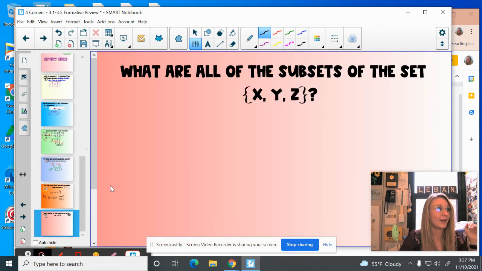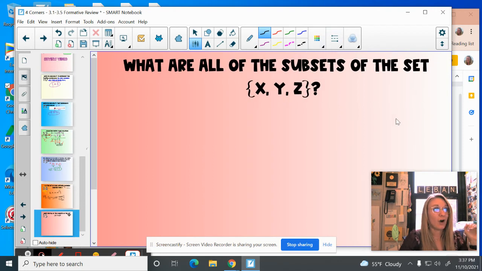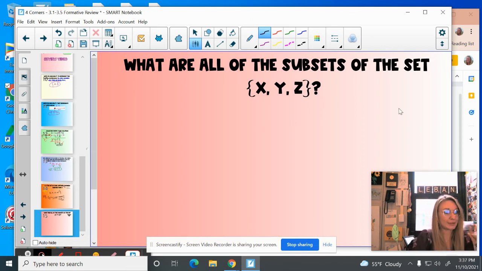Last thing. Okay, it is asking for all of the subsets of X, Y, and Z. So if you think back to class, when we had 3 elements in here, there were 8 different sets. So the first one, we can just list out the entire set, X, Y, Z. There's 1.